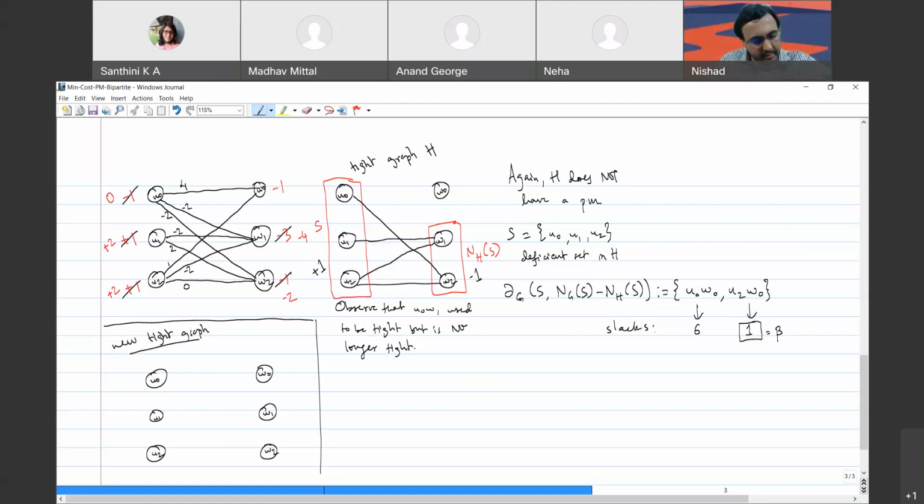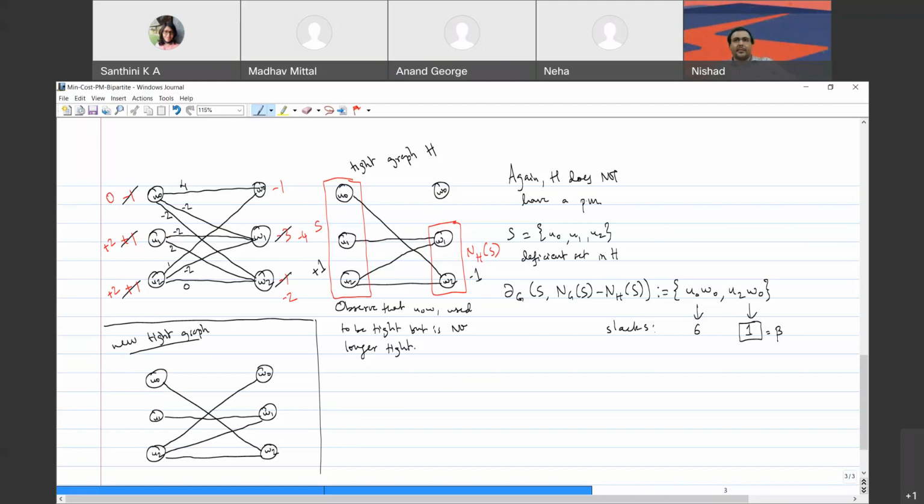So these 3 edges will remain tight. Oh, U0, W2 as well, right? In fact, all our previous tight edges were like that. So they all remain tight. And one more edge should have become tight, U2, W0 in particular. Of course, you could have multiple edges having the same minimum value, and then they would all become tight. But in this case, we have exactly one, which is U2, W0.